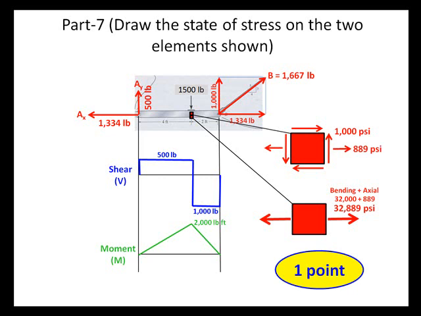Go ahead and give yourself 1 point if you got that right. Also, in order to get that point, make sure on the shear stress element that your arrows are drawn in the correct direction. The arrow on the right face of the element is upward.